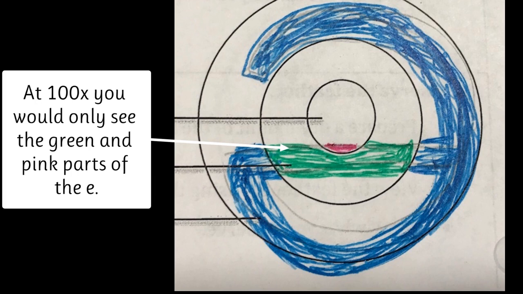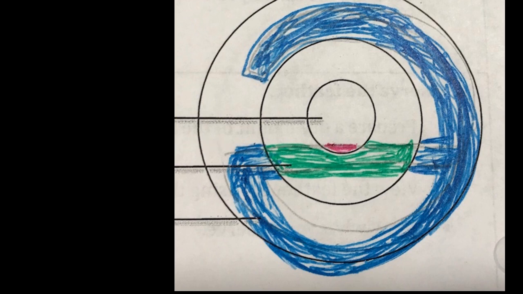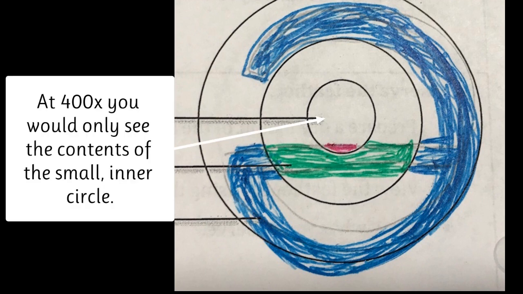You would see all of those, but you wouldn't be able to see any of the blue if you magnified the image to 100 times its normal size. And then finally, if you turn your objective lens to the longest one, that has a power of magnification of 40, and multiply that by the eyepiece of 10, you have a total power of magnification of 400 times the normal size. That's the very center circle.